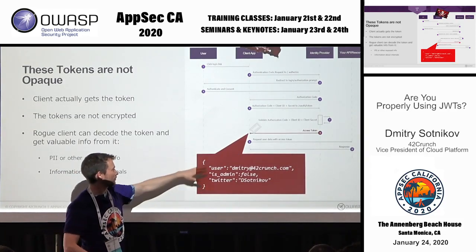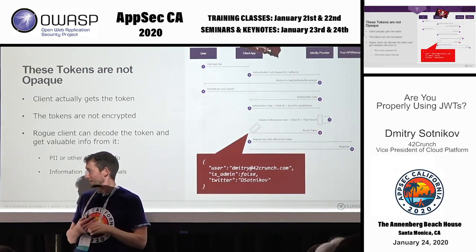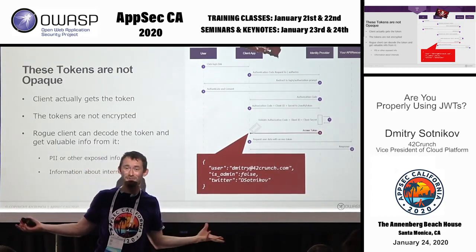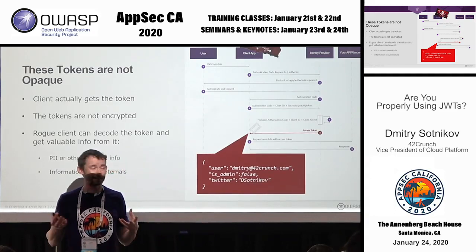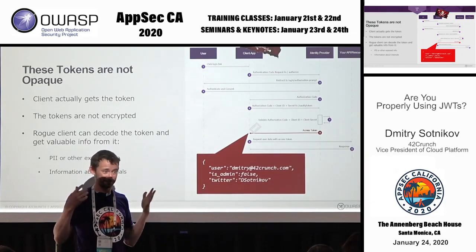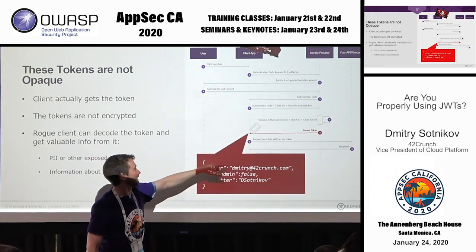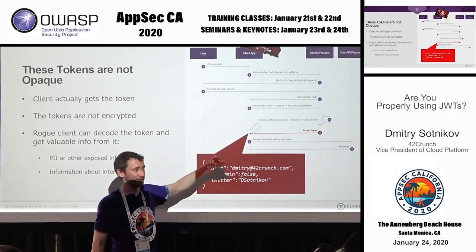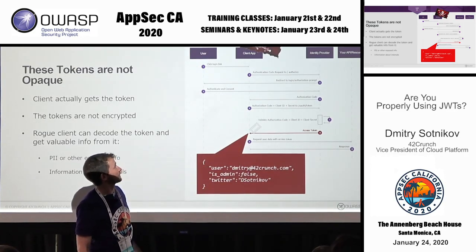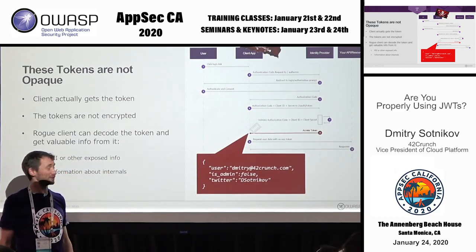So if your token contains sensitive information, like credit card information, user birth date, phone number, or anything you don't want to leak, it can leak if it's in a token and the client is a rogue client, because it's not encrypted. There are two main things you can do about that.